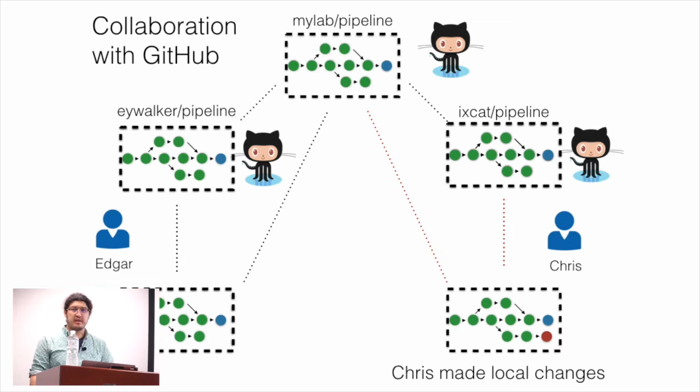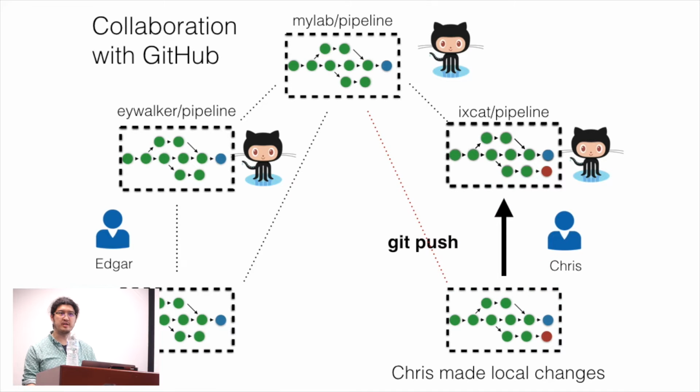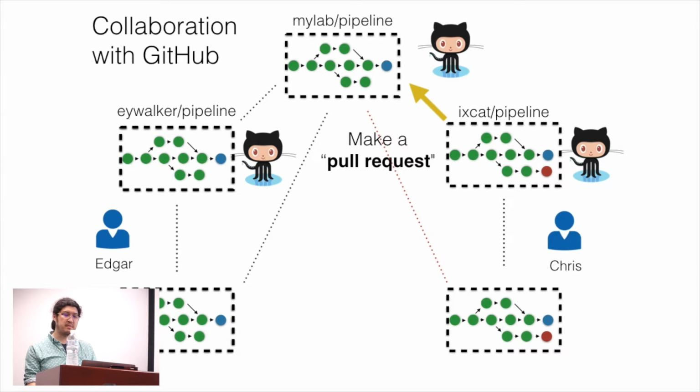Now say Chris is working very eagerly on this, so he made a new commit. What he does first is push it to his copy in his user account, just like how we pushed our commit to GitHub. Notice that this red commit, the new commit, only exists on his local machine and now on his GitHub account, but not at the upstream nor in any of my copies. What he does now is make a pull request on GitHub, which prompts whoever belongs to the same organization that there are some changes he wants to share with the rest.